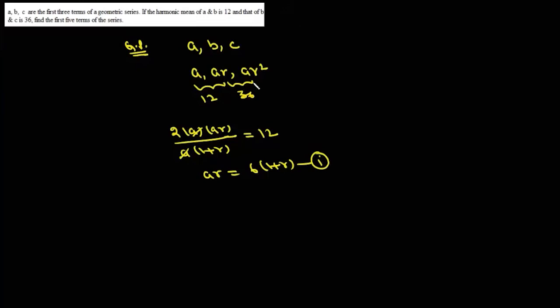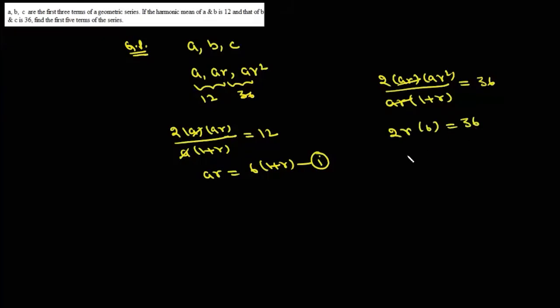And the harmonic mean of ar and ar square will be 2 times ar into ar square upon ar plus ar square. So we'll take ar common and it will be 1 plus r, and that equals 36. Now this ar will cancel and we know that ar upon 1 plus r is 6. So we can write 2 times r into 6 equals 36. So the value of r is 3.